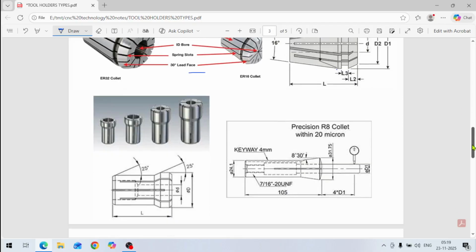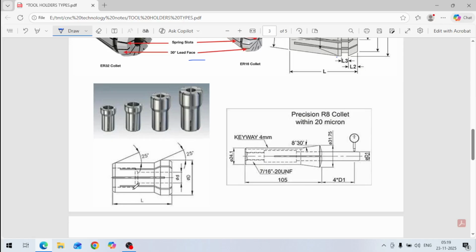Next, this is your double angle collet. These are all double angle collets. This angle is 25 degrees, and here also it is 25 degrees. These type of collets are also used. And next is the R8 collet.